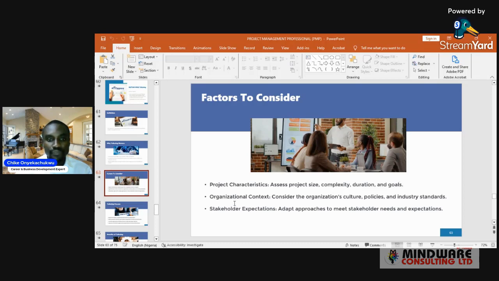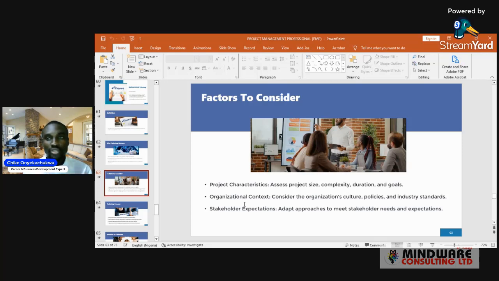Okay. Secondly, organizational context. If you are a project manager within an organization, right, you have a project you are handling within an organization, you have to consider certain factors within the organization that could influence the project, right? And that includes organizational culture, the policies of the organization, and the standards of the industry that the organization is in, all right?